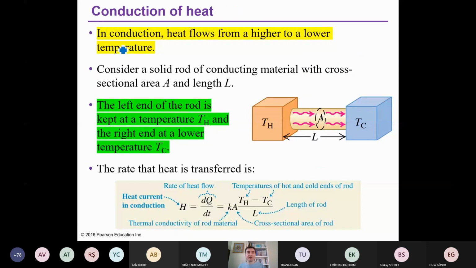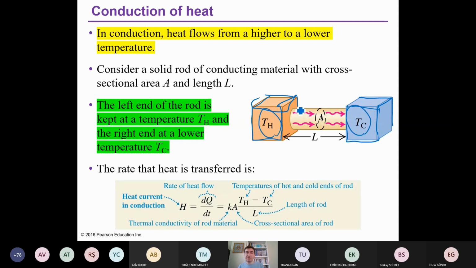So let me continue with the conduction of heat. In conduction, heat flows from higher to lower temperature, as we have discussed. Just consider here we have an object on the left side with higher temperature, and on the right side, we have another object with lower temperature. Let's say this is hot, this is cold.